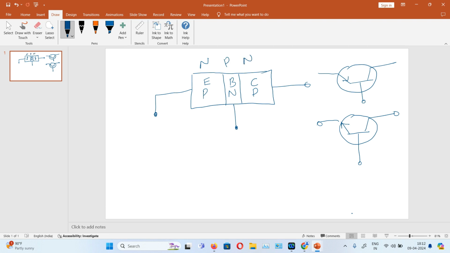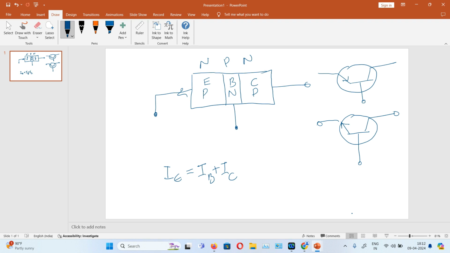So what happens? The transistor equation is written IE is equal to IB plus IC. This is actually coming from Kirchhoff's current rule. So current IC will come from here, IB will come from here, and that will be given here as IE. So the emitter current is the sum of the collector current and the base current. This is the typical transistor equation.